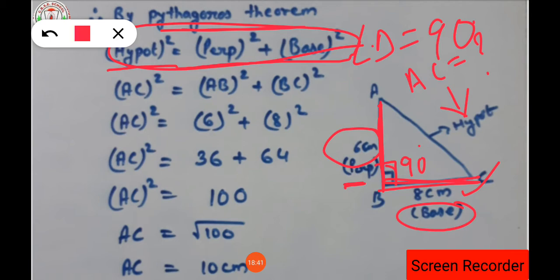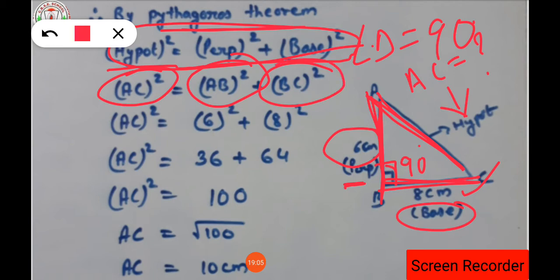Now we are going to write the names of hypotenuse, perpendicular and base. So hypotenuse is AC, so here it will be AC square. Perpendicular is AB, so here AB square. Then base is BC, so BC square.